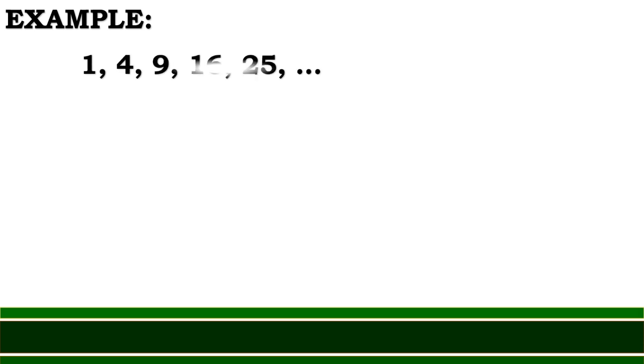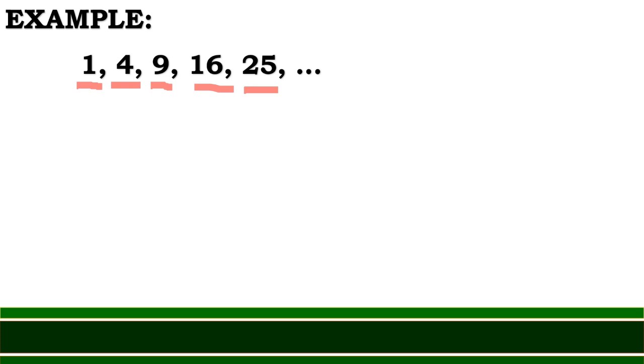How about this one? How can you give the general form for this sequence? If we are going to observe clearly each term for this sequence, all numbers here are perfect square numbers.